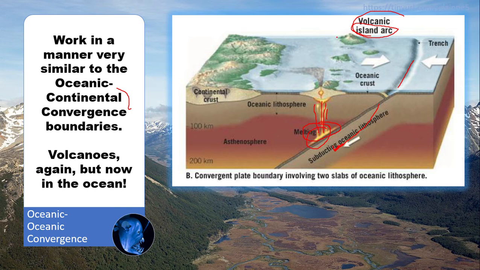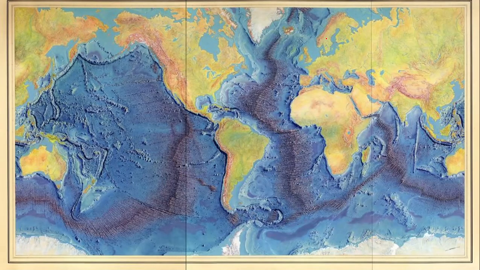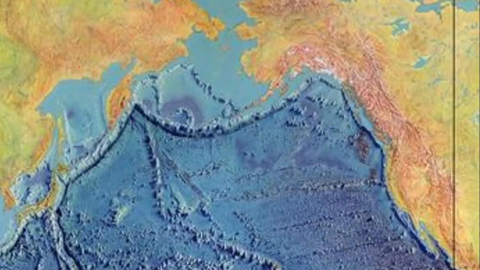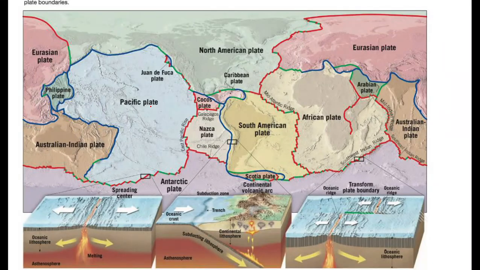And he was studying these volcanic island arcs that happen, especially out here. One in particular that we're going to spend some time on now is the Aleutian Islands. If we zoom in a little bit more, if you don't remember your geography, this arc of islands that comes off the coast of Alaska, these are the Aleutian Islands, and they're part of the boundary.